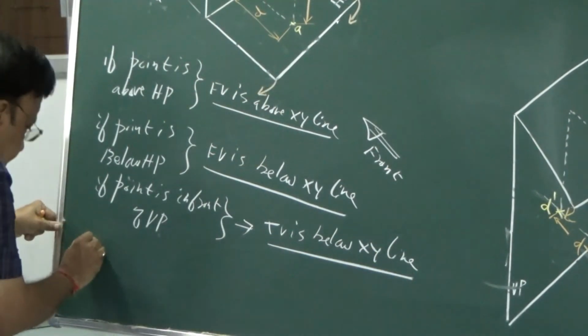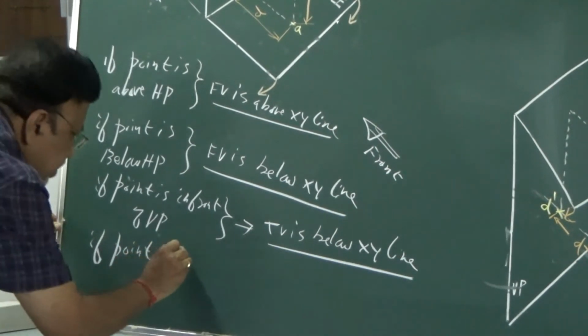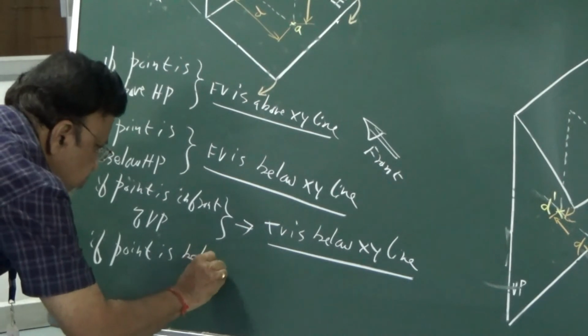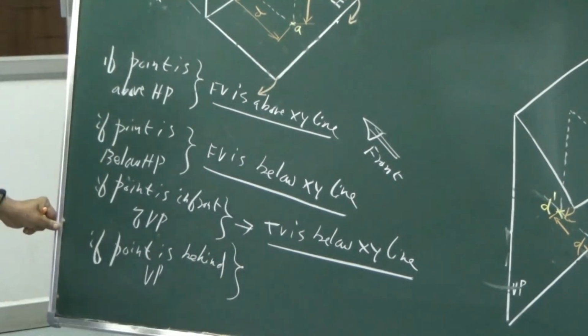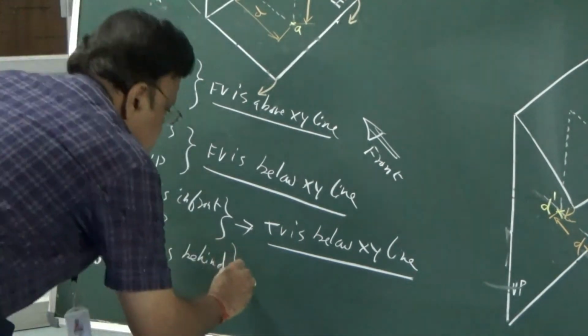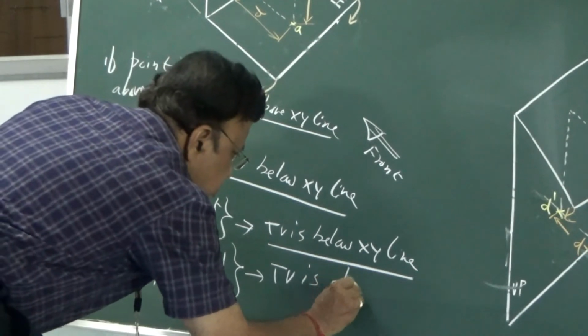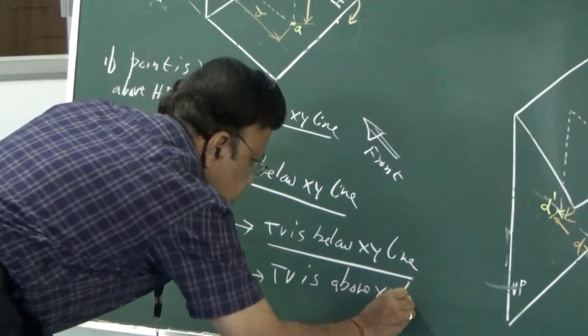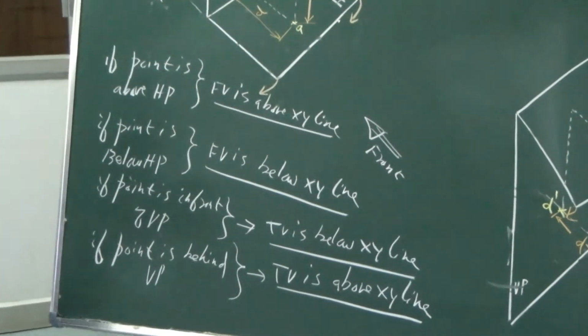Okay. Finally, if I say the point is behind VP means then top view is above xy line. So I think you have followed this.